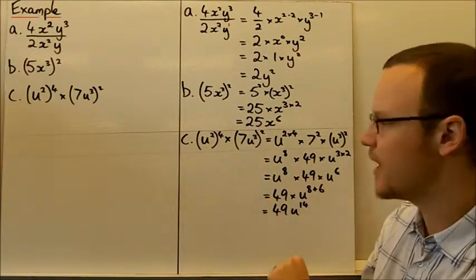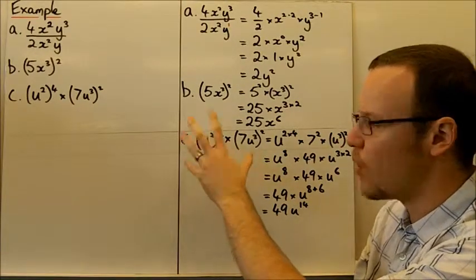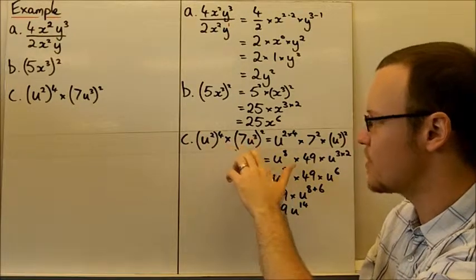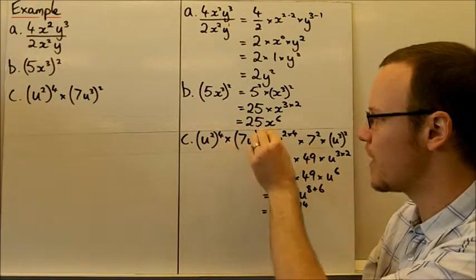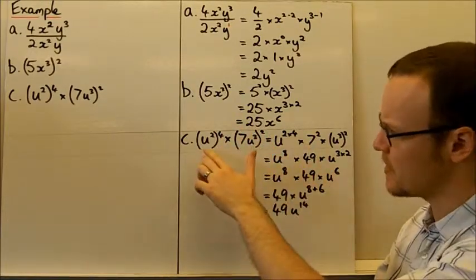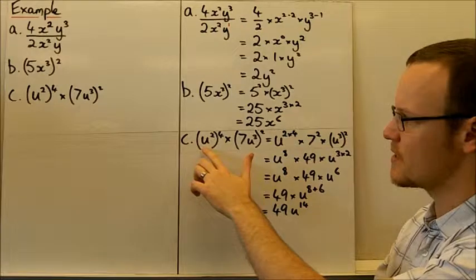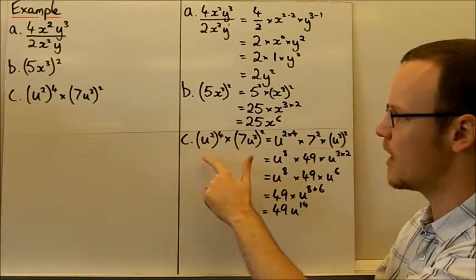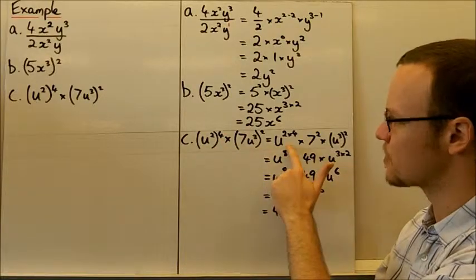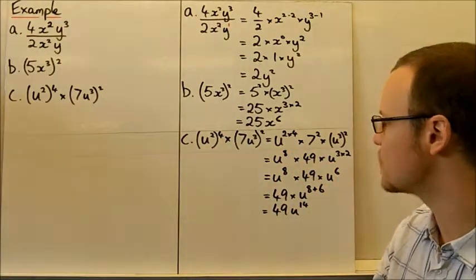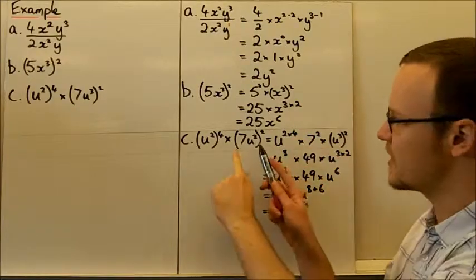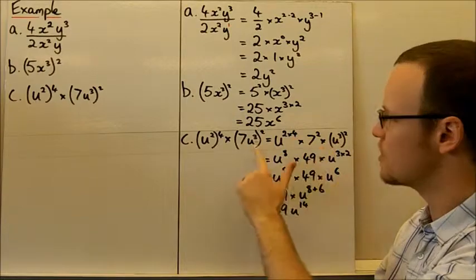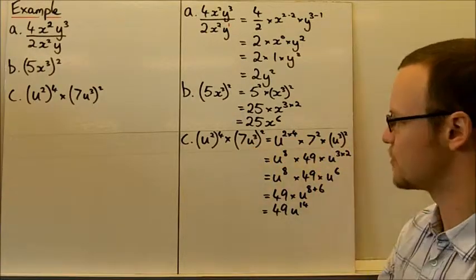Here's a slightly more complicated one. u to the power of 2, all to the power of 4, times 7 times u to the power of 3, all to the power of 2. So we can expand this out by saying that u to the power of 2 all raised to the power of 4 is the same as u to the power of 2 times 4, times 7 to the power of 2 times u to the power of 3 all to the power of 2.